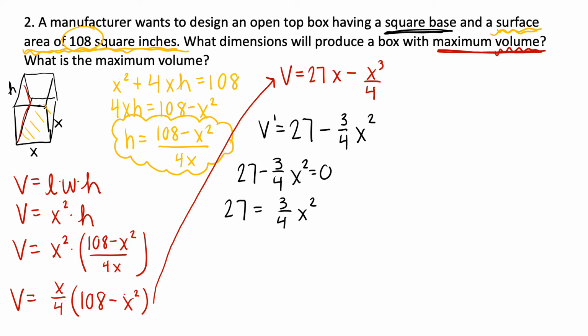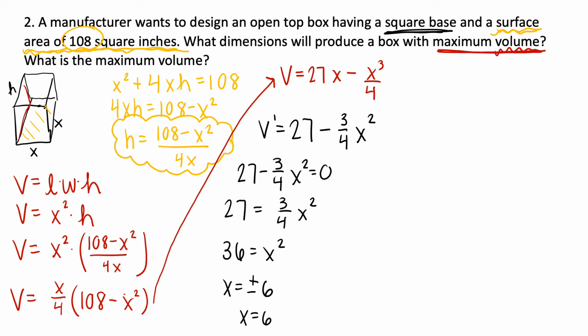Let's multiply by 4/3 on both sides, so 27 divided by 3 gives me 9, times 4 is 36 equals x squared. Square rooting both sides, I get x equals plus or minus 6. Now this is a dimension of a box, so it's obviously not going to be the negative, so I have x equals 6.